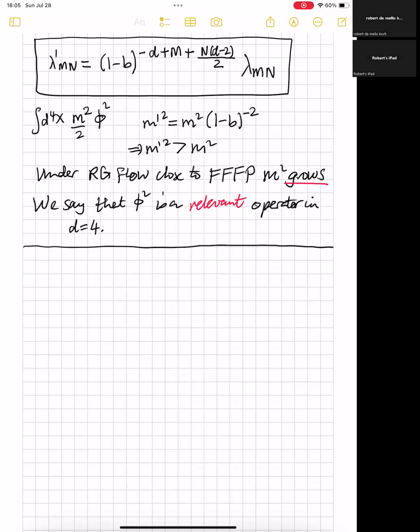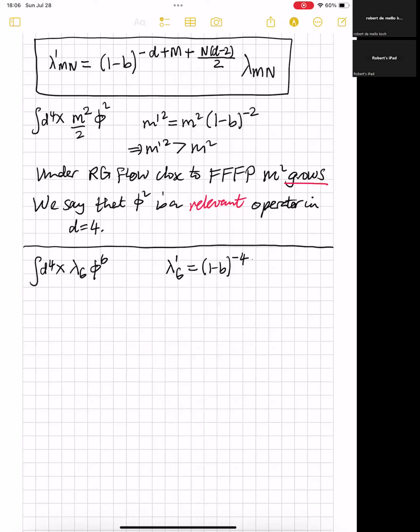Now I want to consider another example. So consider a term like this in the action. It's an integral d4x lambda 6, that's the name of the coupling, phi to the power of 6. And again, using the boxed equation at the top, lambda prime 6 will be equal to, we've got 1 minus b, it's to the minus d, so this is minus 4, plus m.